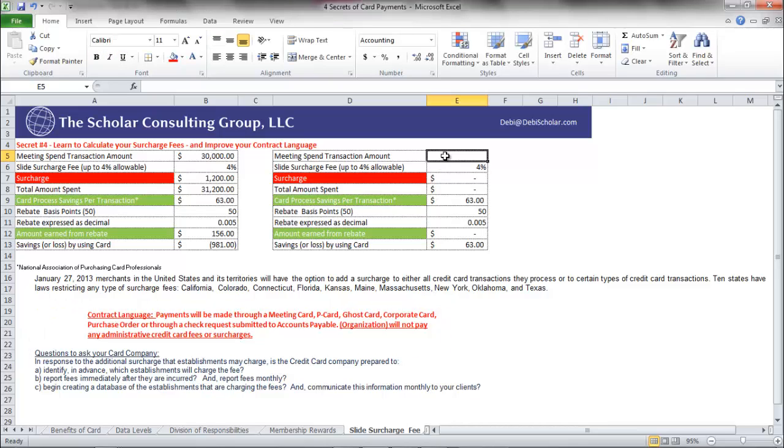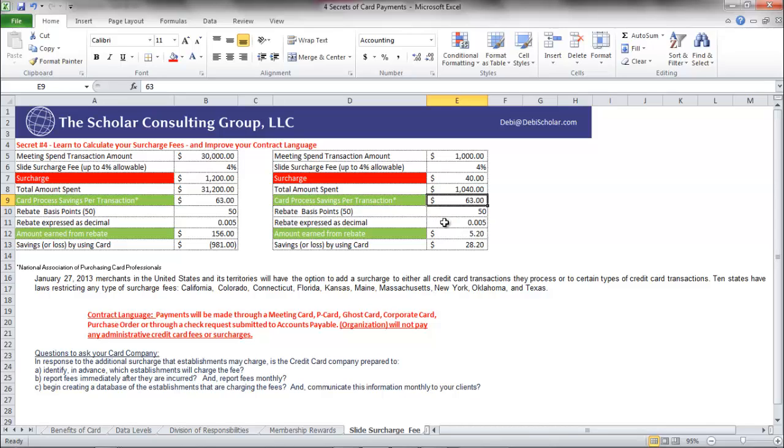Now, let's also just look at another example. Let's say in this case, the meeting spend transaction amount is $1,000. If they were to charge the 4%, the surcharge would be $40. The total amount spent would be $1,040. Remember that we have the savings for the administrative and processing cost of $63.